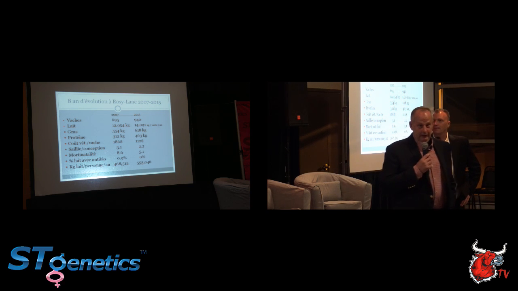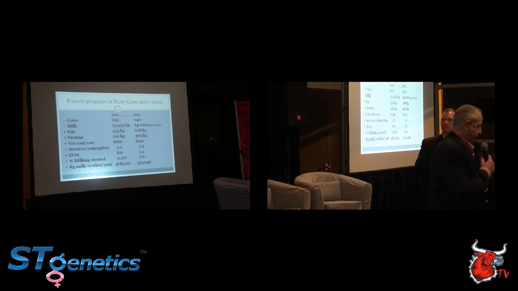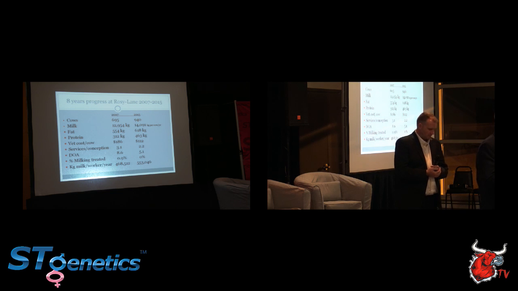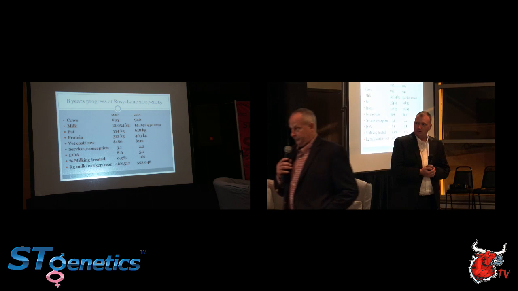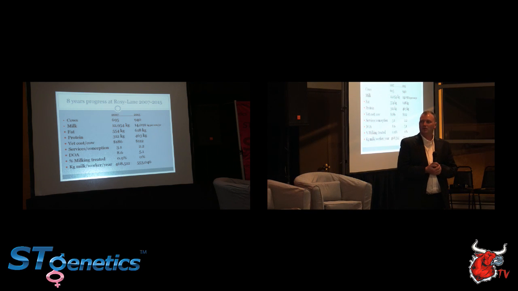Most of the time when we look at labor efficiency, we look at things like rotary parlors or robots, or things to reduce labor. How about looking at improving every aspect of your cow? And that's what we tried to do. Every aspect of our cow is improved. And look at the difference in labor efficiency.